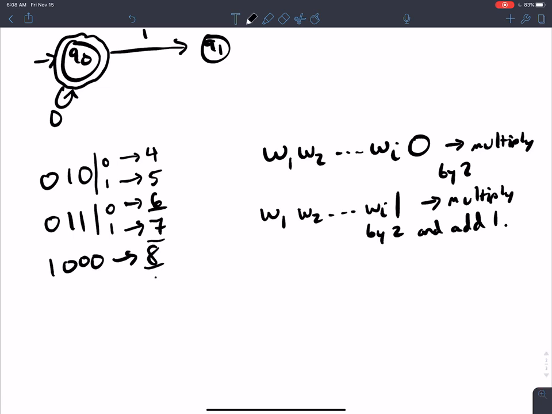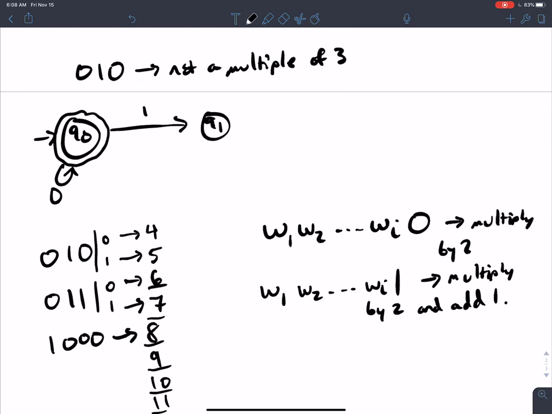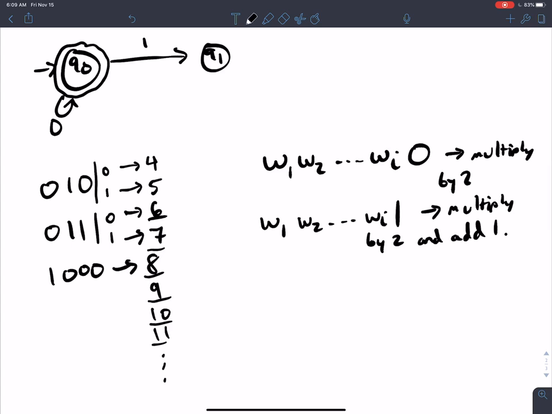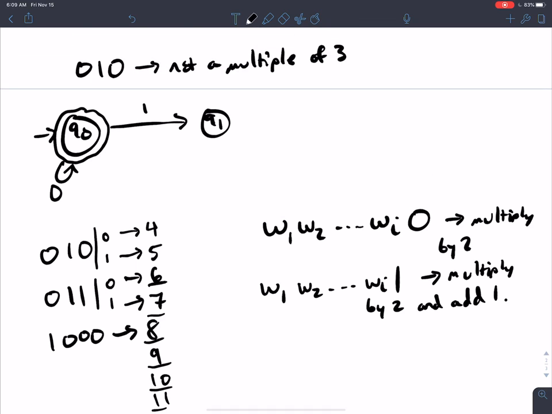And then when we go to 9, 10, 11, etc., 9 is a multiple of 3, 10 isn't, and 11 isn't. So we have this behavior of something that is a multiple of 3, then not, and then it starts over again. So for the DFA we have here, because there are only really 3 possibilities, like 3, 6, 9 for the multiples, and then the 2 in between for when it's not a multiple, I'm going to have 3 states because there are only 3 possibilities with respect to being a multiple of 3.